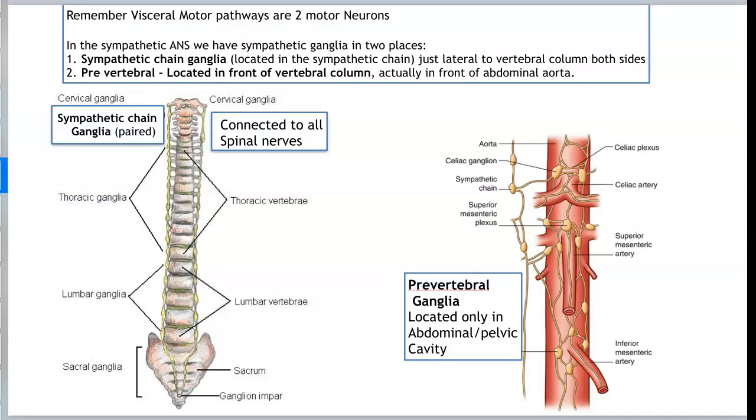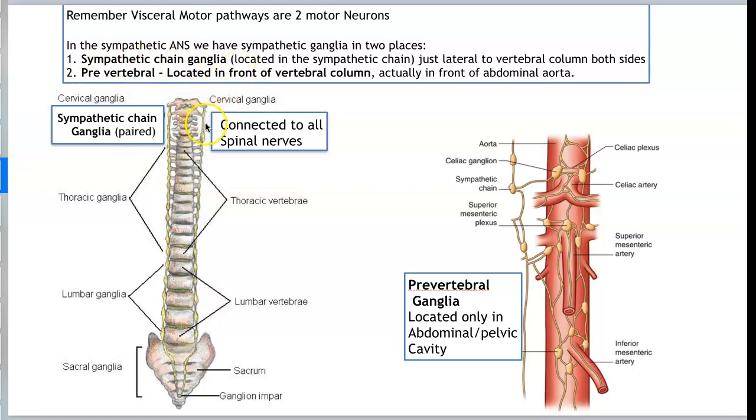So let's look at the other ganglia. We said we're going to have 2 different ganglia, just like we had 2 different ganglia in the parasympathetic. We have 2 different ganglia in the sympathetic nervous system, 2 places where our preganglionic neuron can synapse. First is going to be in the sympathetic chain ganglia. We already saw that.